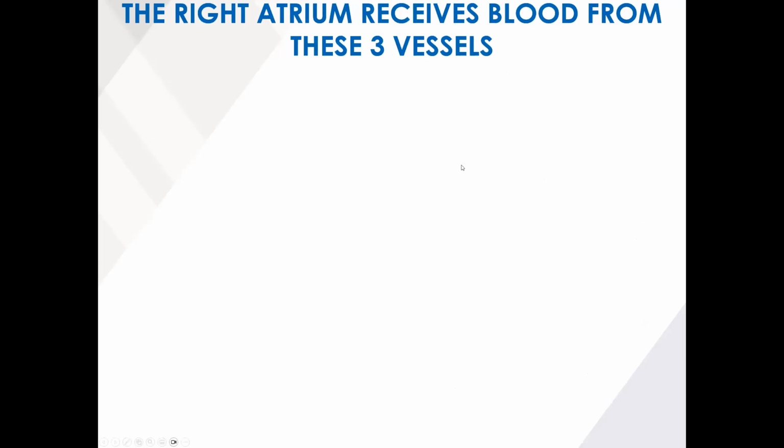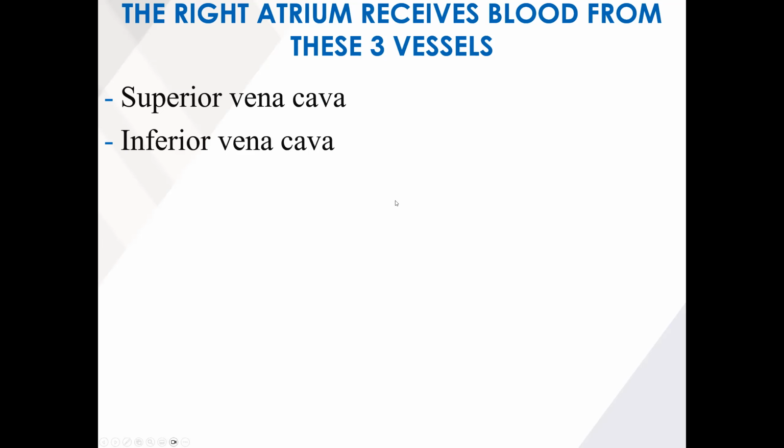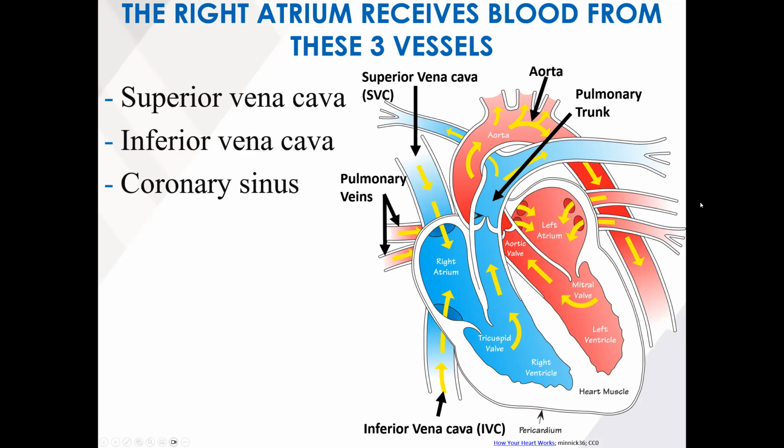All right. So the right atrium receives blood from these three vessels. Two really big vessels and one critical but smaller vessel. What vessels supply the right atrium with deoxygenated blood? Yep. So the superior vena cava and the inferior vena cava are the two major vessels that we think of, but then we have to remember that there's coronary circulation as well, and so the coronary sinus is also going to be supplying blood.